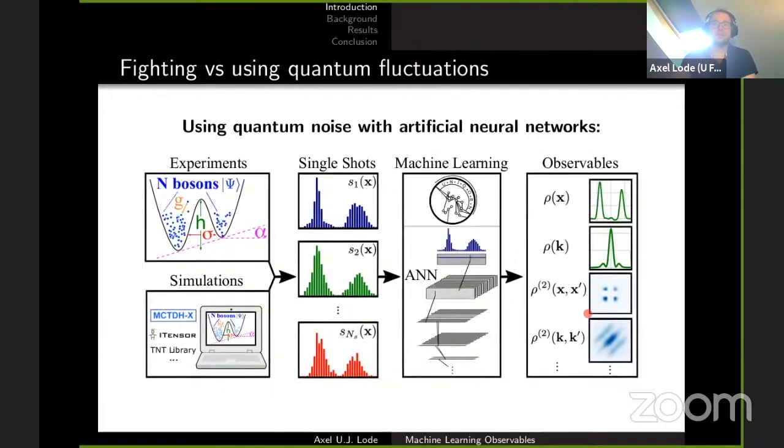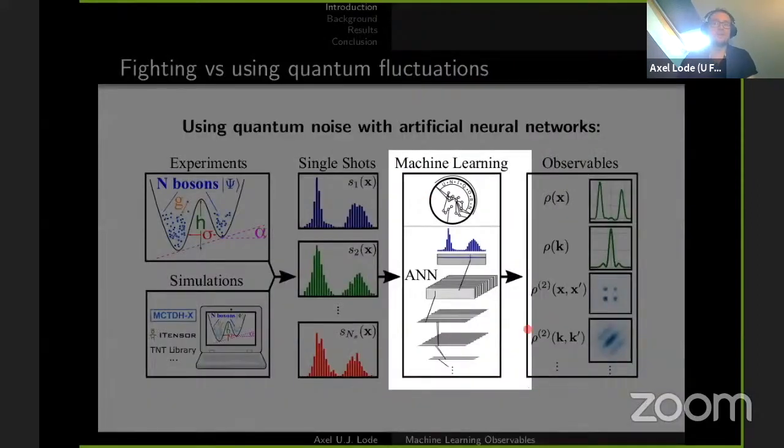We want to use these quantum fluctuations in order to get more information out of the same amount of images, or get different information out of the same images. And this is shown in this picture by just replacing this averaging step with a machine learning tool, and in our case this is a convolutional neural network.